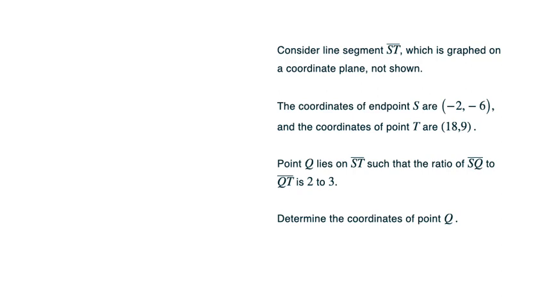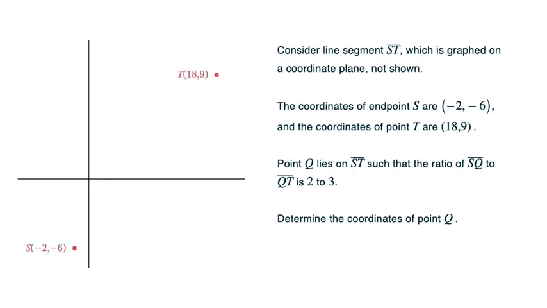So there is no coordinate plane, but there's no harm in sketching a quick graph and just identifying where point S would be over there in quadrant 3 and point T would be over in quadrant 1. Looking at the information about the ratio, SQ to QT equals 2:3, that means 2 parts plus 3 parts. There will be 5 parts that we would divide this segment into.